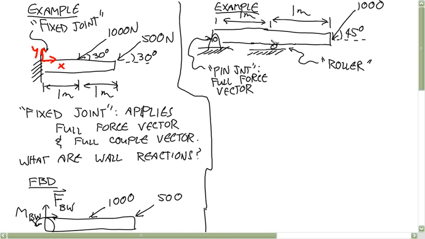This body would also be allowed to translate side to side, left to right, but it wouldn't be allowed to translate up and down. So this roller just applies a single force component. It's a force along a line, and this might take a little thinking to make sense of, but it applies a force along a line that's normal to what it's rolling over. I'll say normal to the ground.